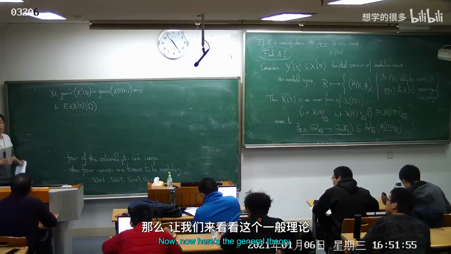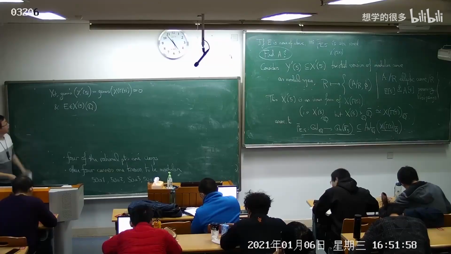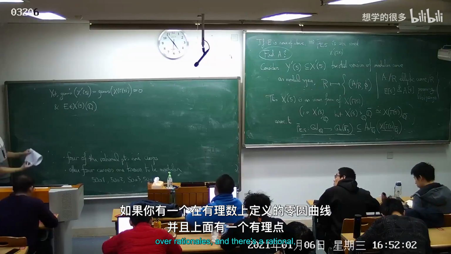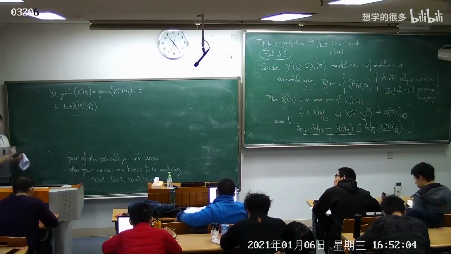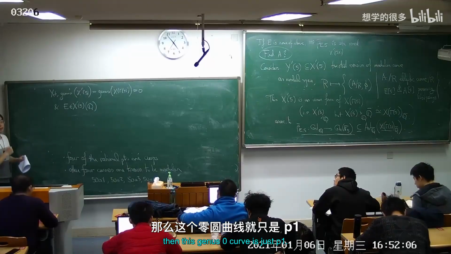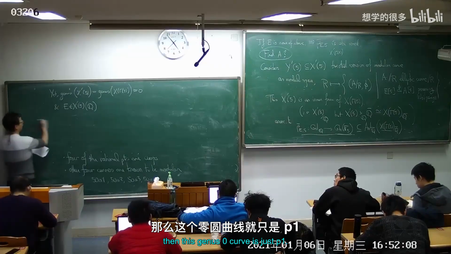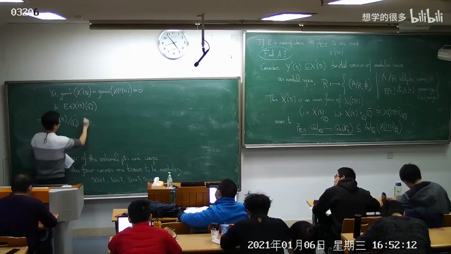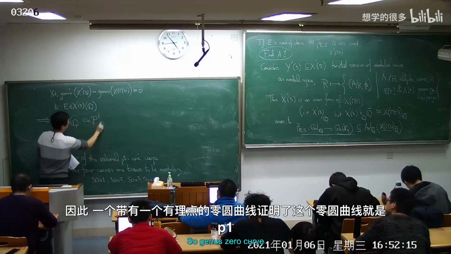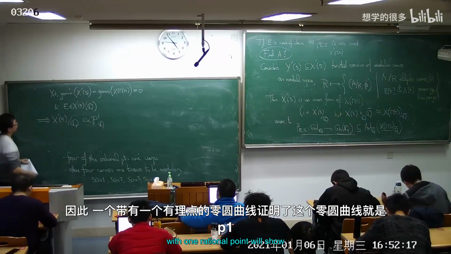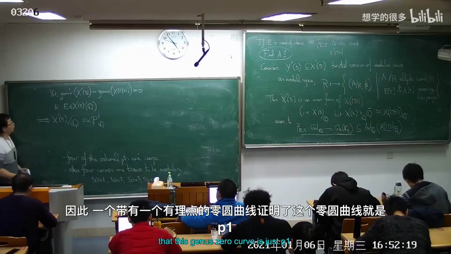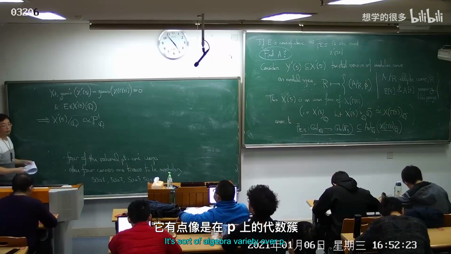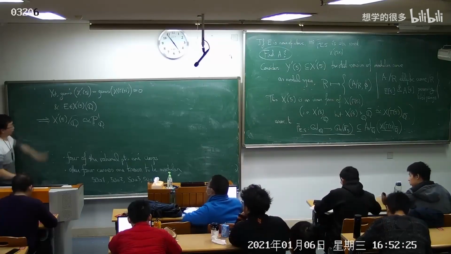It's a rational point. Now here's a general theory. If you have a genus 0 curve over the rationals, and there's one rational point on it, then this genus 0 curve is just P1 as an algebraic variety.